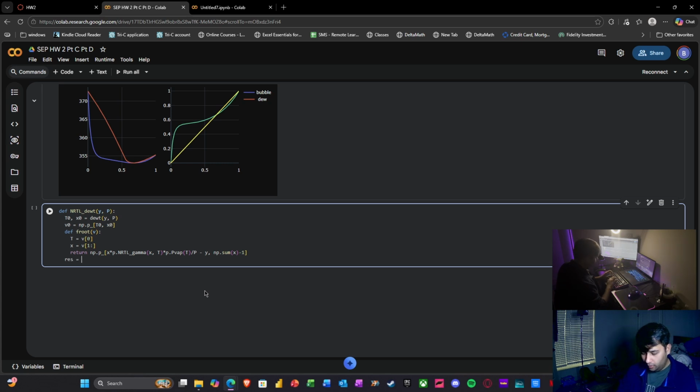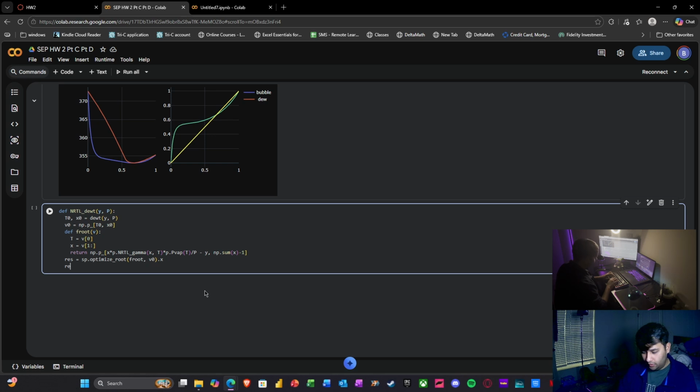Then we can write our res equation, which has been a minute since we've used that, with root, and we'll have our f root and our V initial value. We're going to return our initial res value with all the other values right there.